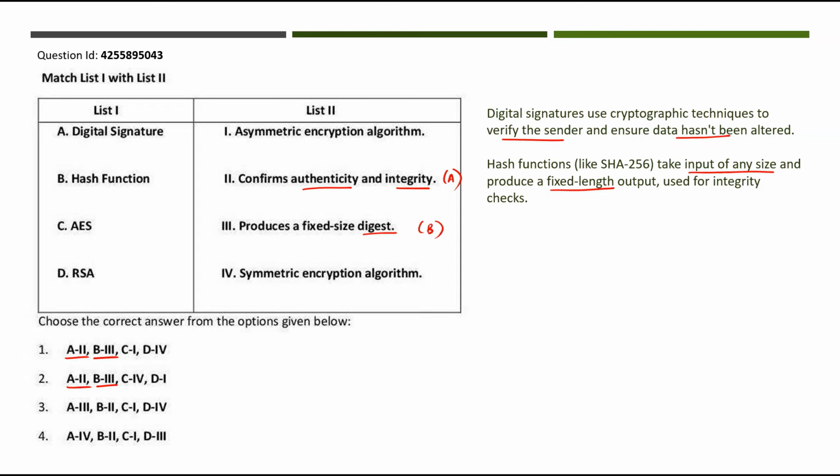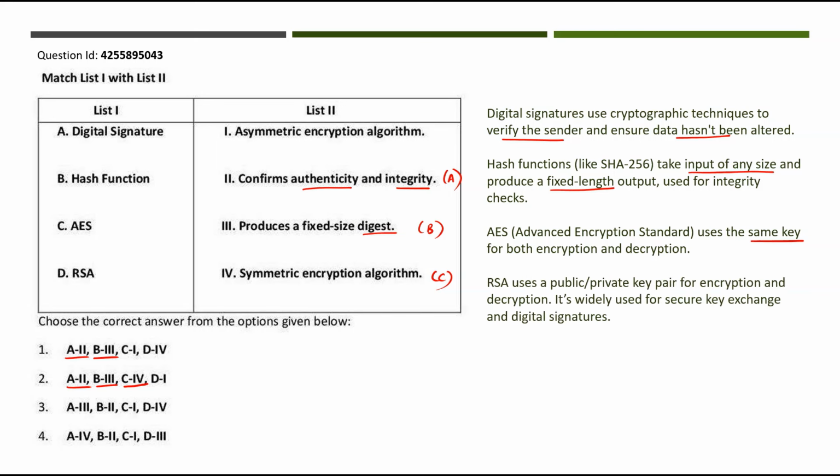What about AES and RSA? AES, Advanced Encryption Standard, uses the same key for both encryption and decryption. When we use the same key, it comes under symmetric encryption algorithm. C will be mapping to 4. C4 is available only in 1 option. What about RSA? RSA uses a public-private key pair.